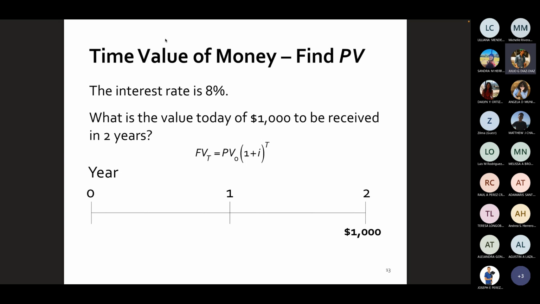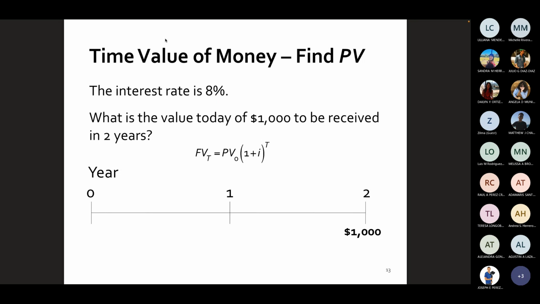Future value equals PV, which would be the $1,000, multiplied by 1.8 times 2. Times 2? Or try again. Tell me again. Where's FV? Okay, let's go through this. What is everything we have here? So this is I, right? 8%.